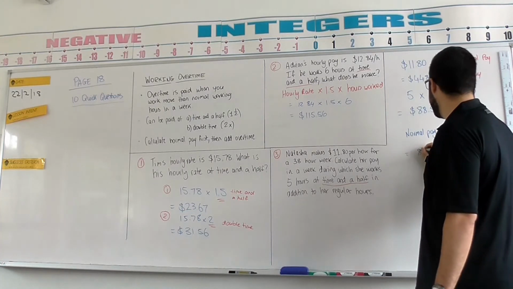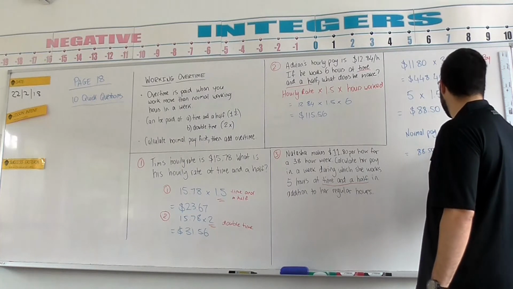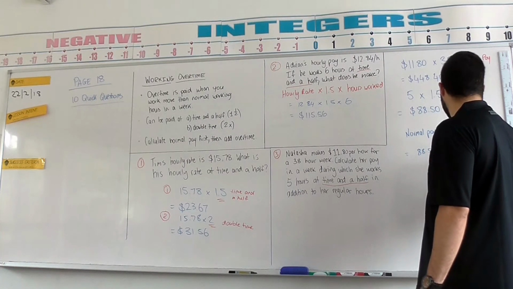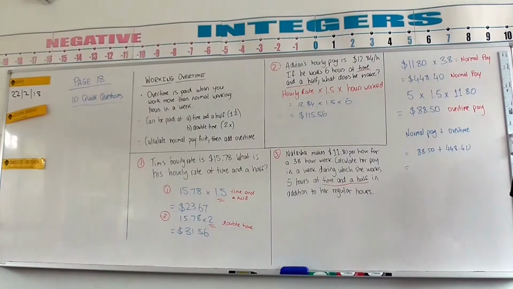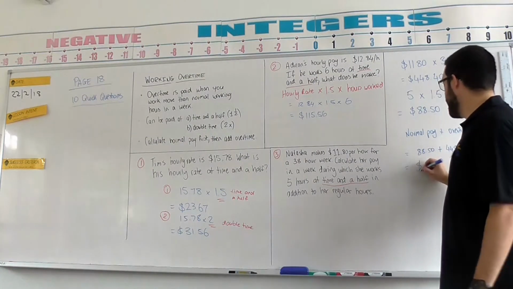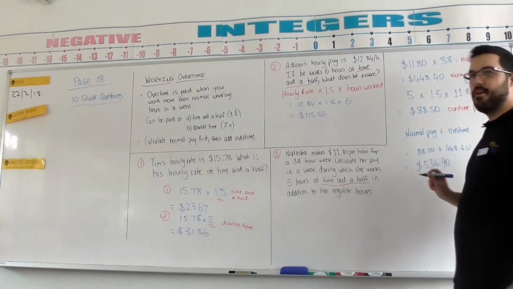So it's going to equal $88.50 plus the normal pay, $448.40, which is $536.90.